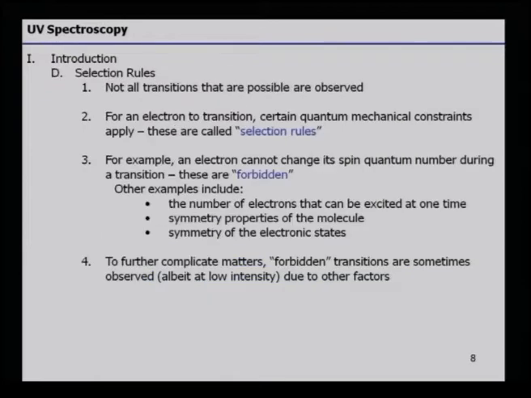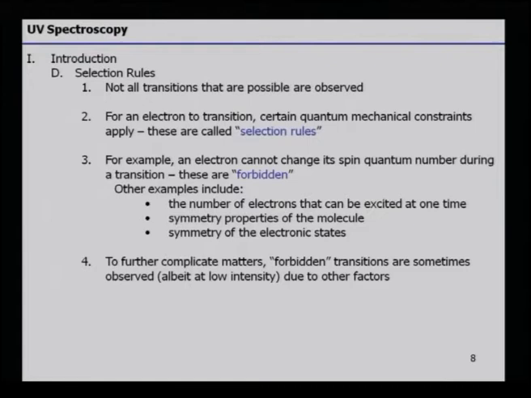Now, there are certain selection rules. First I gave you an overview, but now we are getting into more intricate and detailed information on UV spectroscopy, because one should understand it thoroughly.